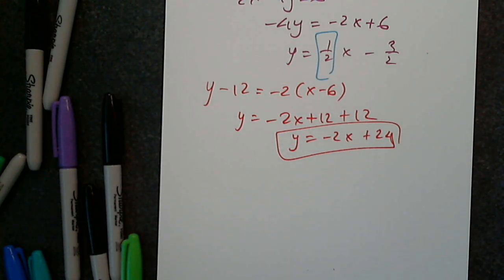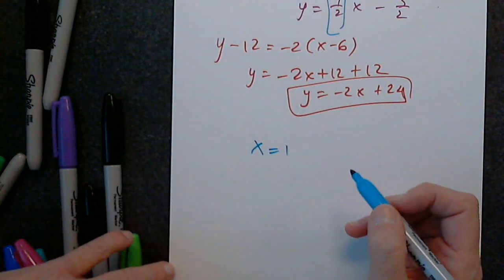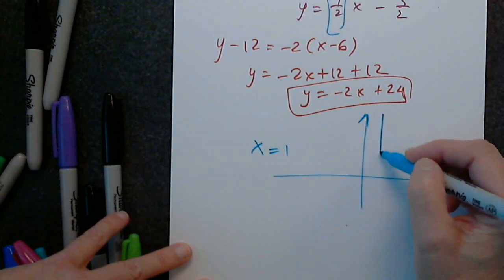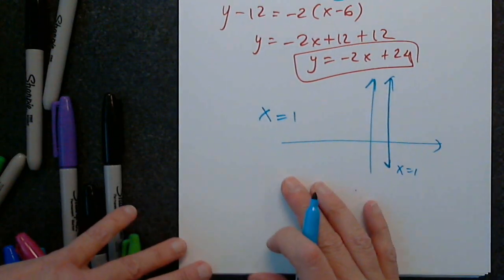Yeah, so in the case where you have a vertical line with no slope, or undefined slope. If you have x equals, excellent question actually. So if you have x equals 1, right? This is x equals 1, correct? And you have to be given a point.